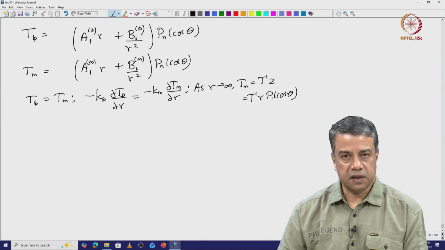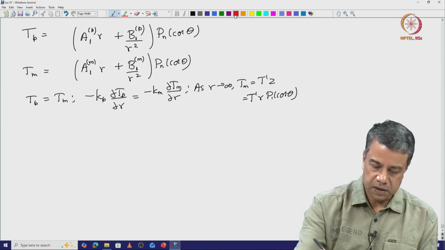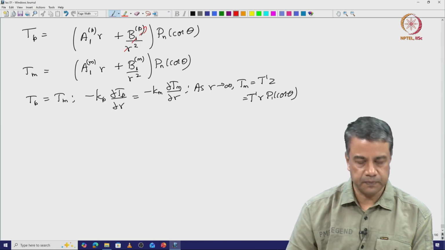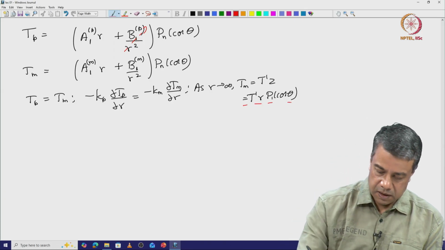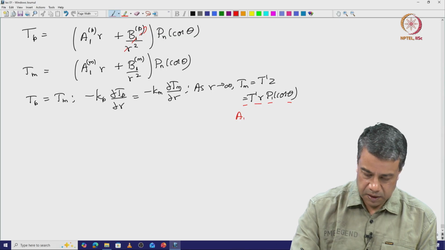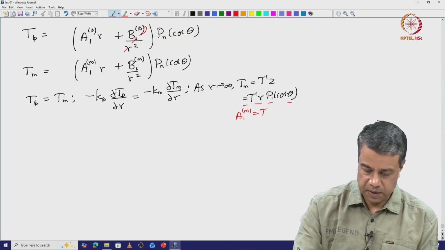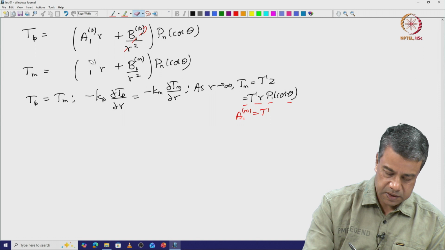In the particle the temperature has to be finite at the origin and therefore, this term goes to 0. In the matrix this boundary condition implies that A1 m is equal to T prime. So, this term is just equal to T prime.